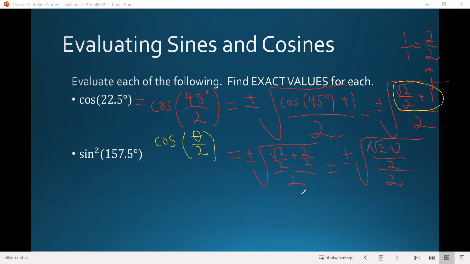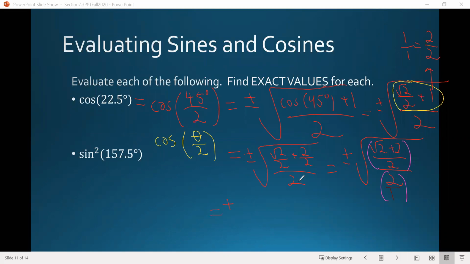So now notice inside of a root, we have a fraction, although a very complex fraction, but it's a fraction, being divided by something, which we can also make a fraction. We can make the 2 over 1. And so we know when we divide by fractions, we do our keep, change, flip thing.